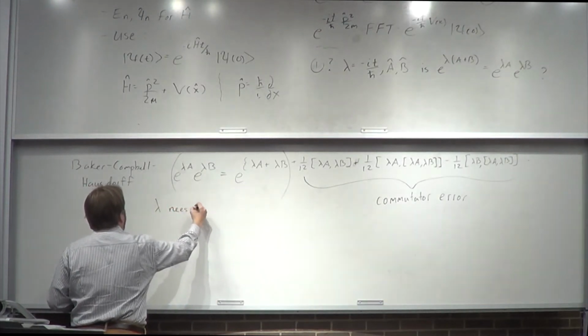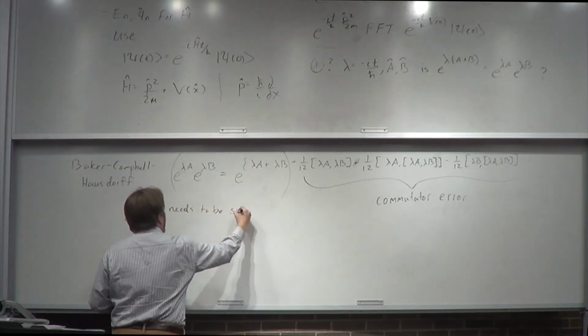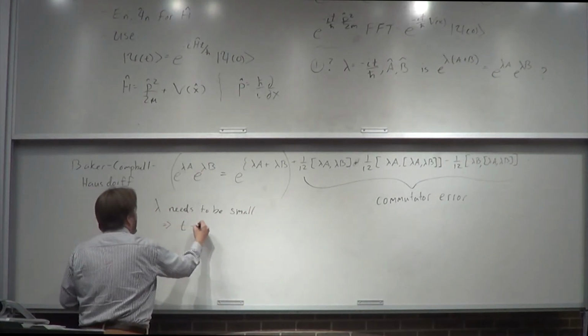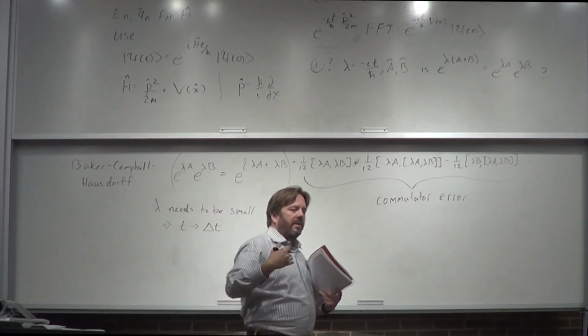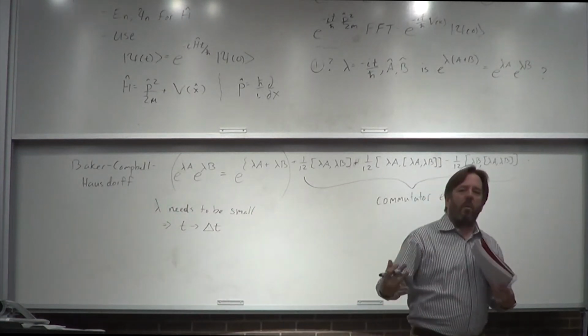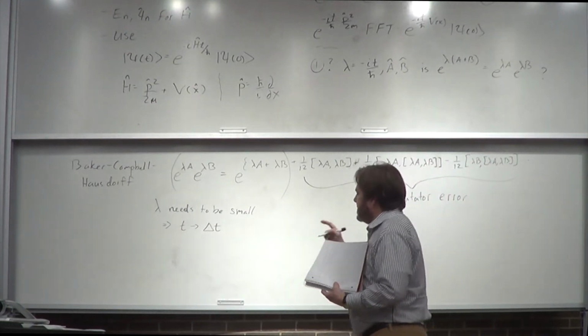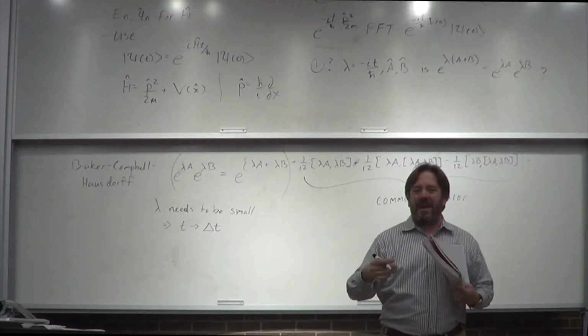lambda needs to be small. So what you do is, instead of trying to jump the wave function forward in time over several nanoseconds, break it up into units of 2 to the minus 17 seconds, remember that number?